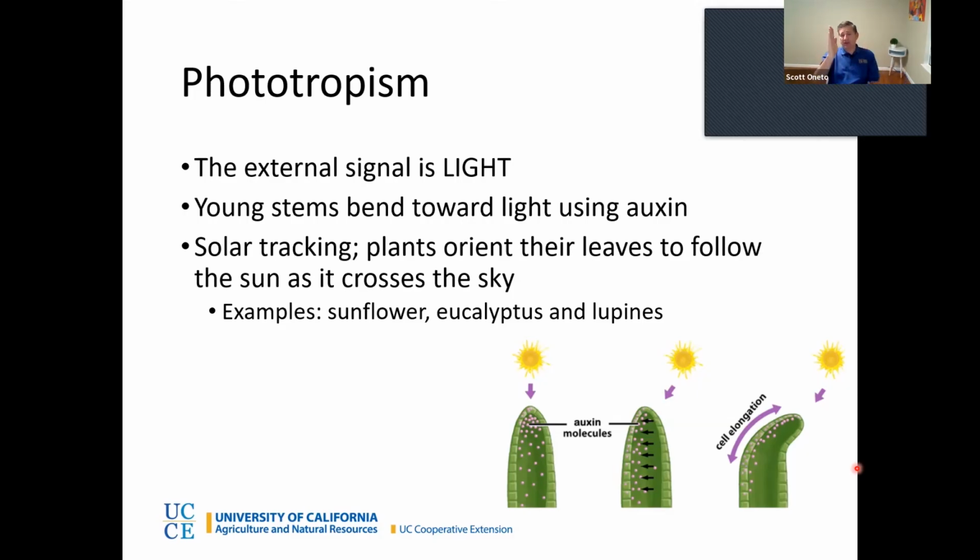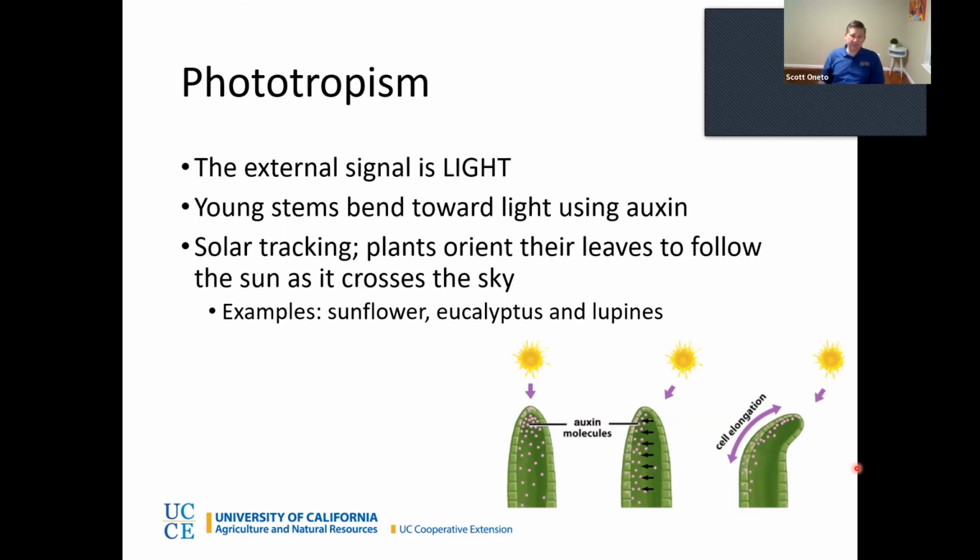If a plant is growing upright, those auxin molecules are fairly even going down the stem. With plants that have solar tracking, the auxin actually accumulates on either side of the stem, having those cells elongate more, causing the plant to then bend towards the sun.